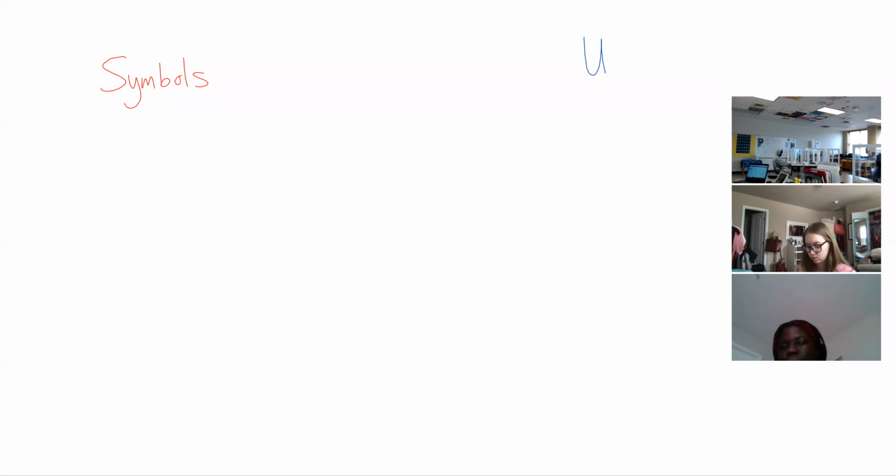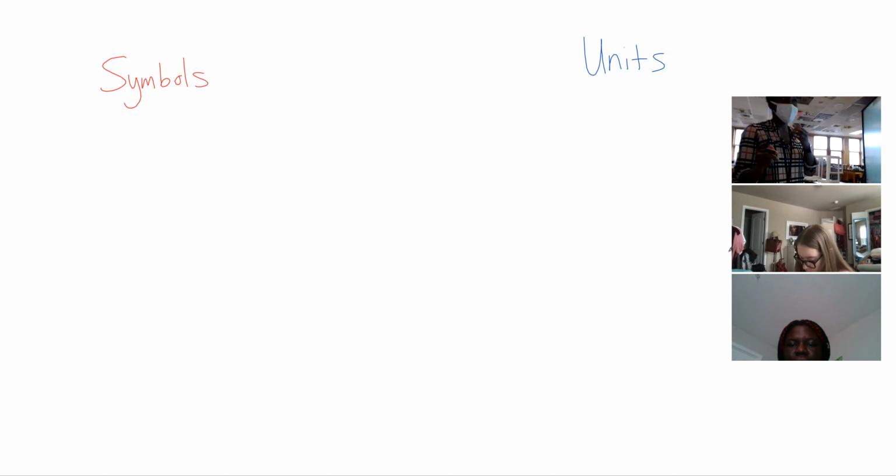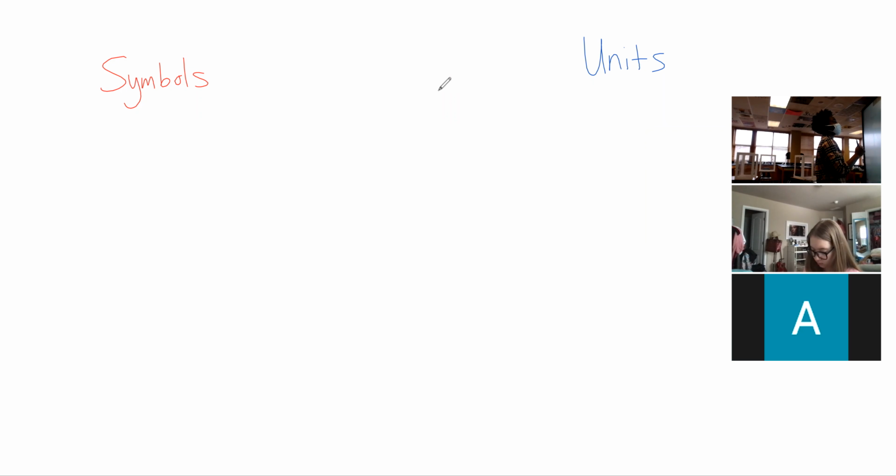All right, there's a difference between symbols and units. Symbols are the letters that represent whatever we're talking about, okay? Units come after the number, okay? So for example, let's say we were talking about velocity.